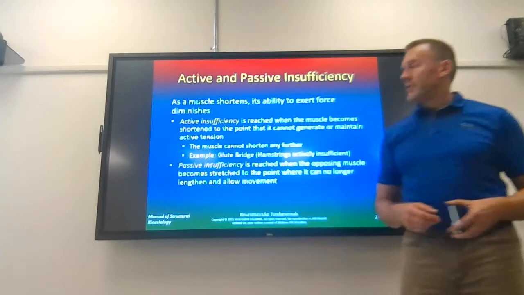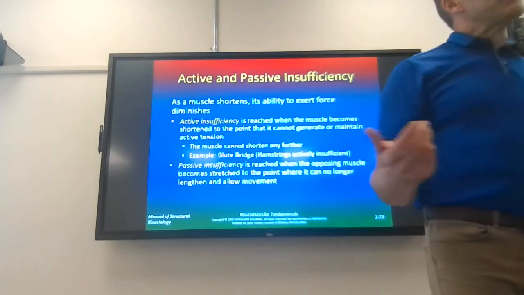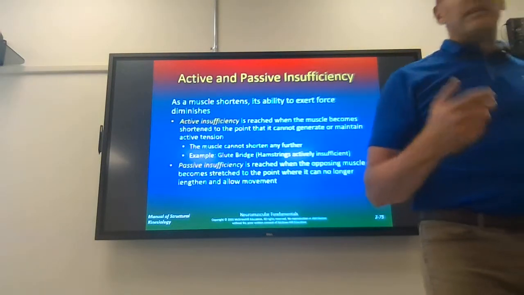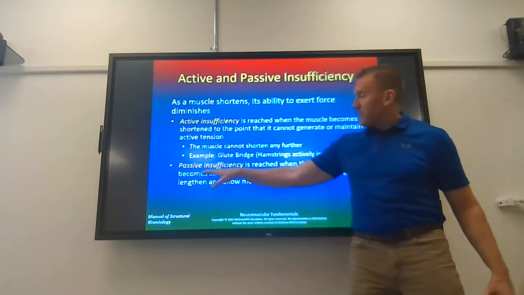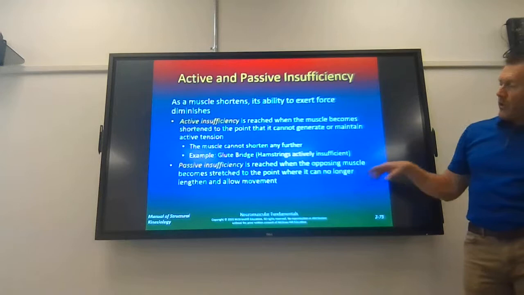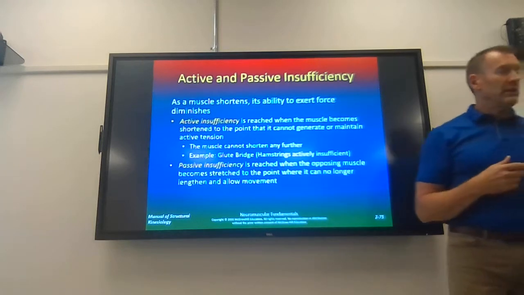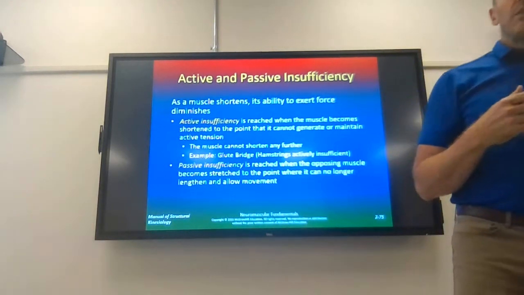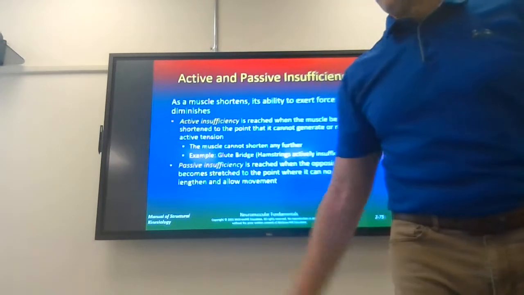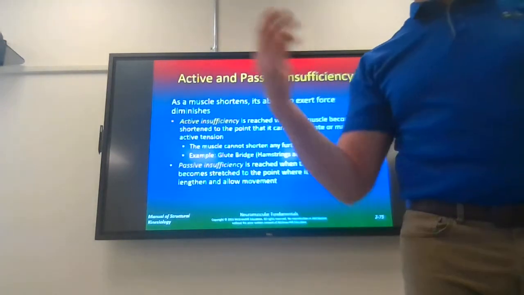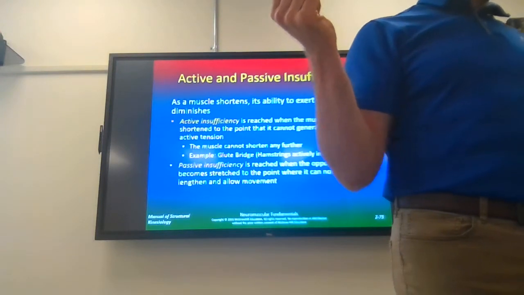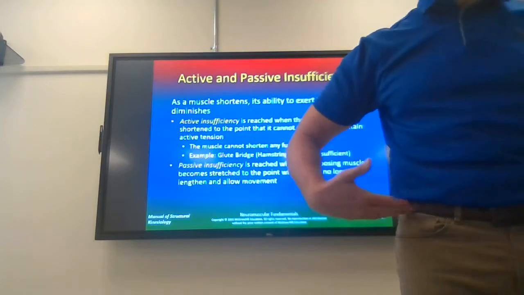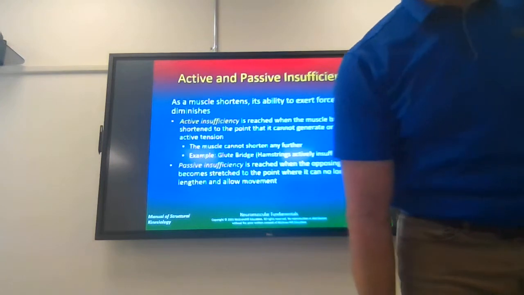Passive insufficiency is just the opposite, where a muscle becomes so lengthened that the opposing muscle becomes stretched to the point where it can no longer lengthen and allow movement. Taking the opposite example, the hamstrings become passively insufficient when they become excessively lengthened as we try to flex the hip with the knee in full extension.